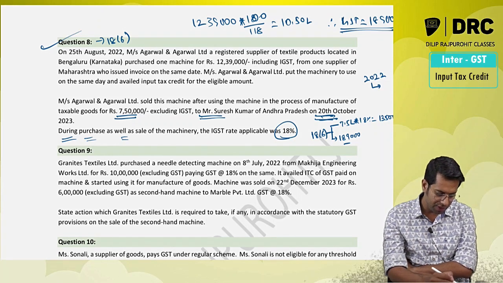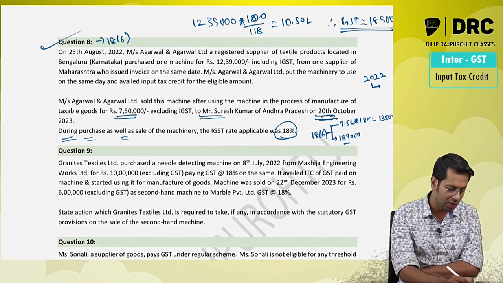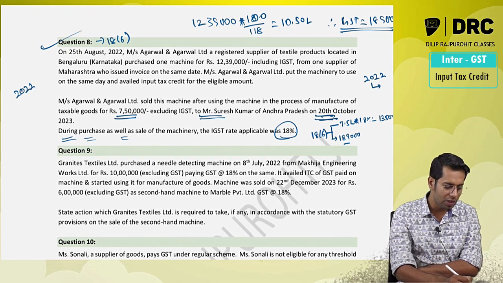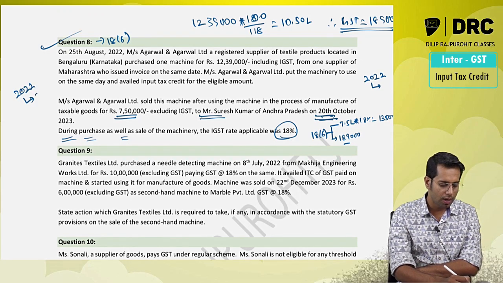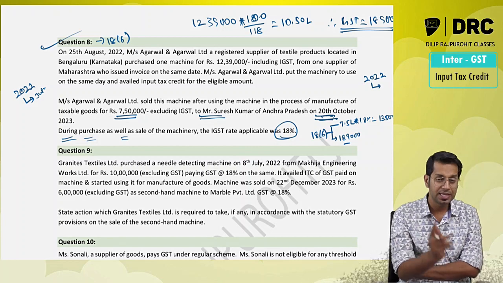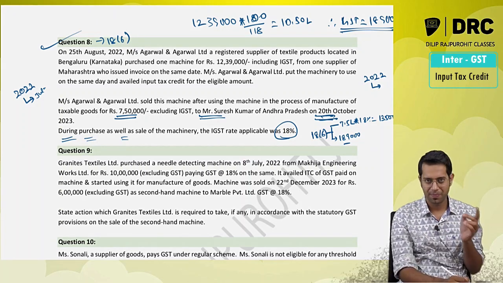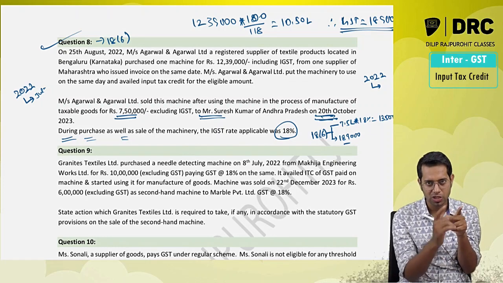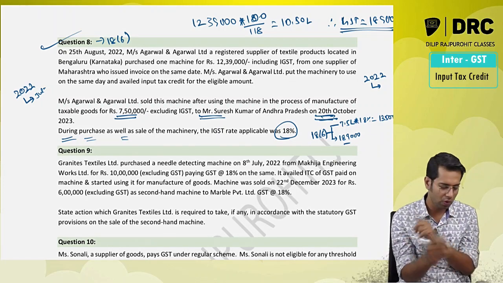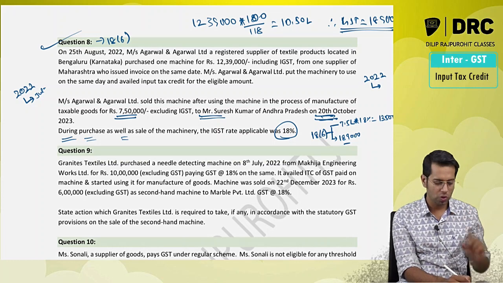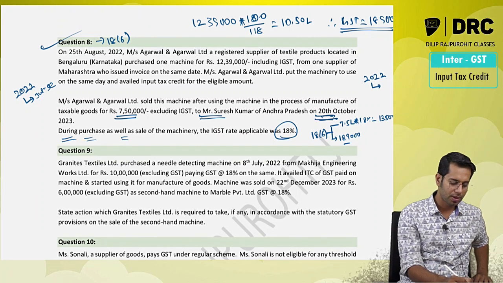So when did I purchase? August month, August 2022. In 2022 I used it for July, August, September. Even when it is a part of a quarter, you should treat it as a full quarter. So August I purchased, August and September will be treated as a full quarter, so it falls under the July, August, September quarter, then October, November, December.